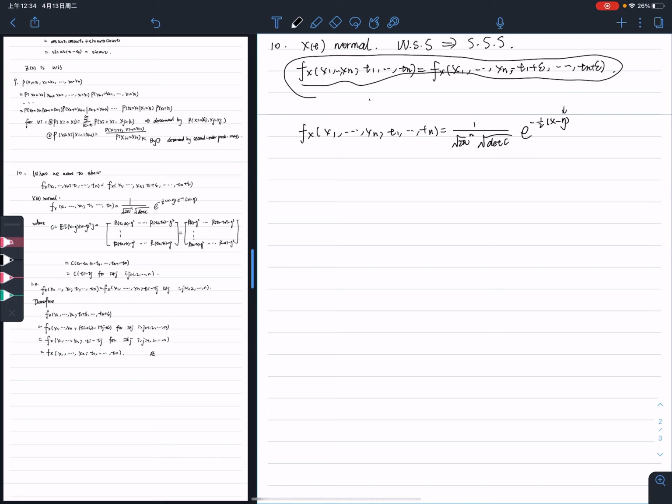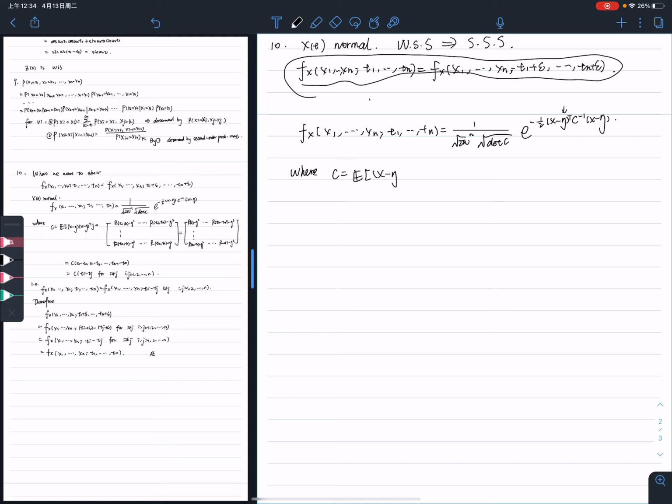Eta is the expectation, so it is the mean. The covariance matrix is the expectation of (x minus eta)(x minus eta) transpose.